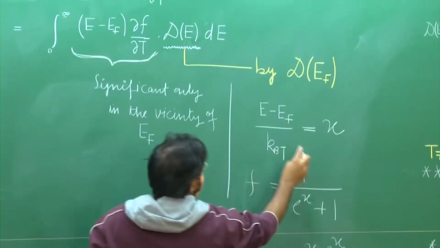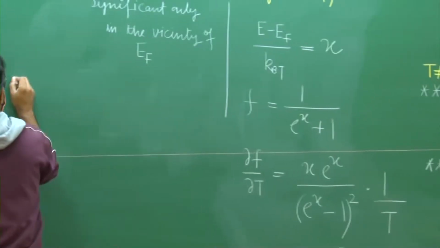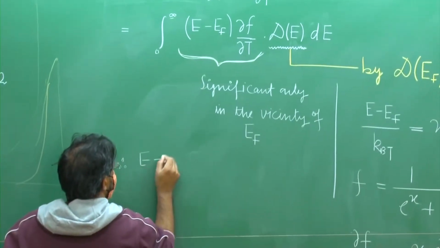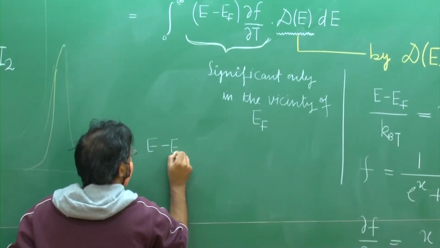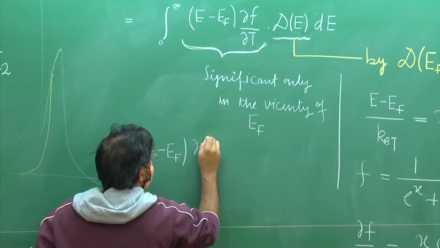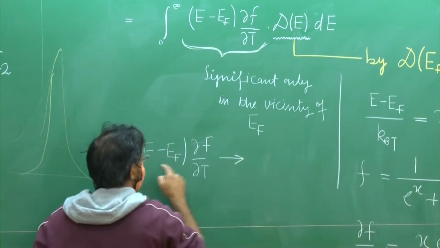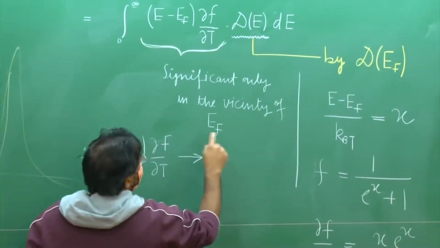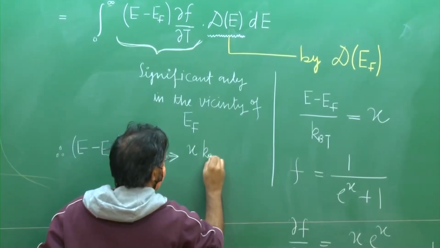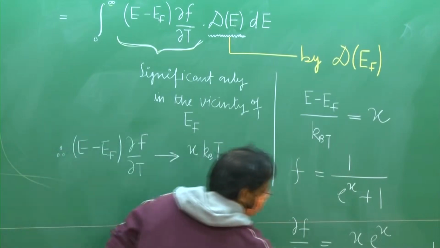Or you need this quantity. E minus EF will be x times KBT. Therefore, this quantity E minus EF times del f del T will become, for this you write x kBT, and for this you write this quantity.